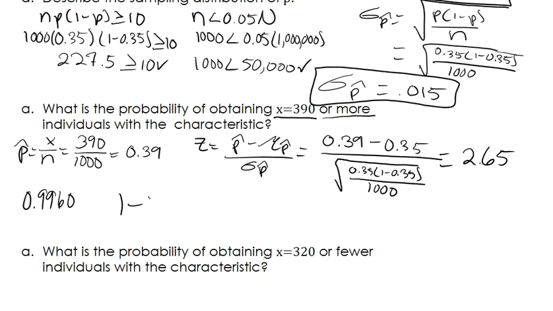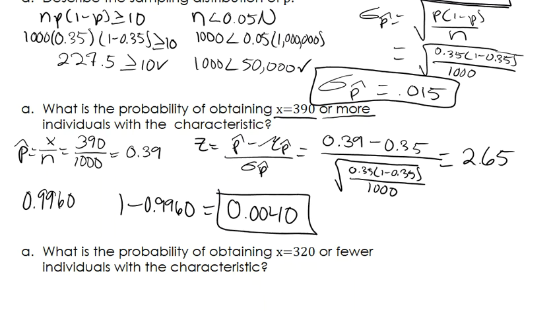So we do 1 minus 0.9960 to get an answer of 0.0040. One quick thing I would like to say is that in this part, instead of putting 0.015, I prefer to do the actual formula just because it changes your answer.